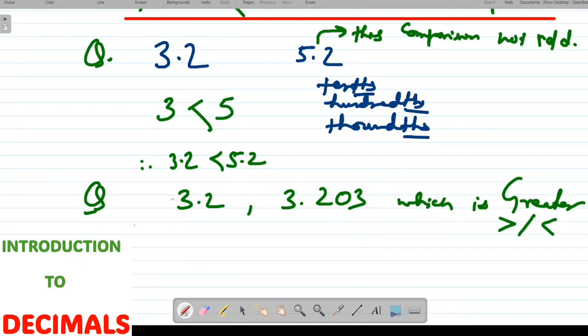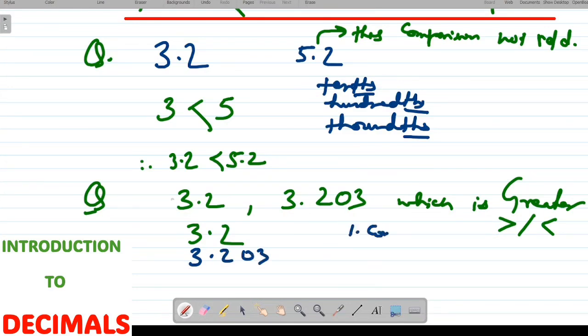As I said, how do we compare the two numbers? We put the decimal below the decimal, and 3.203 is converted into like.